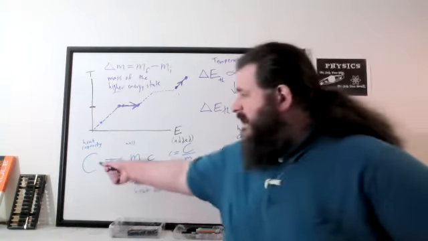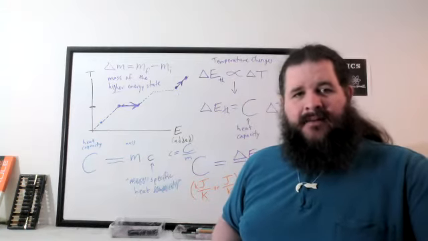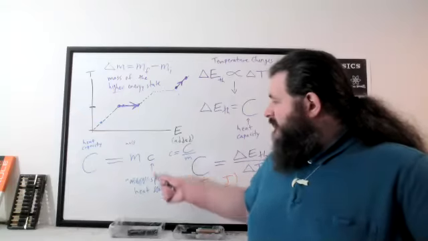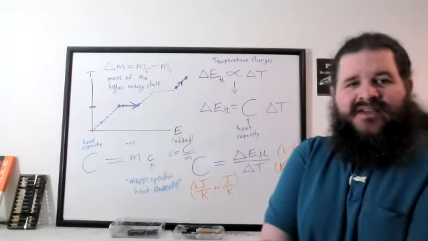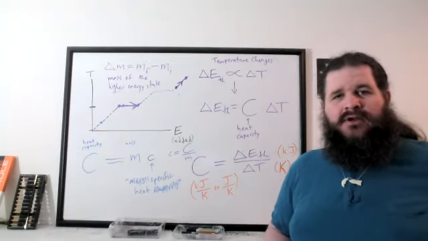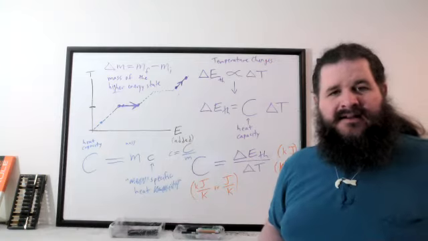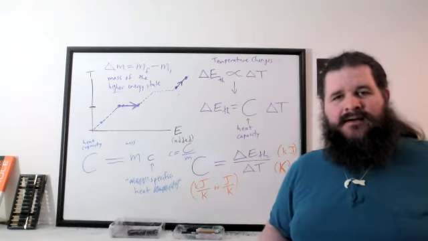So we might talk about the heat capacity of 1 kilogram of iron, or the heat capacity of 5 kilograms of iron, the heat capacity of half a kilogram of iron. But we talk about the specific heat of just iron. And the nice thing about that is since it's standardized to just 1 kilogram of the material, you can look that up on a data table. Specific heat of iron can be found on a data table. Specific heat of liquid water can be found on a data table, and so on.